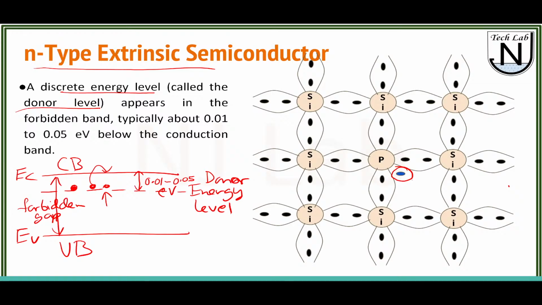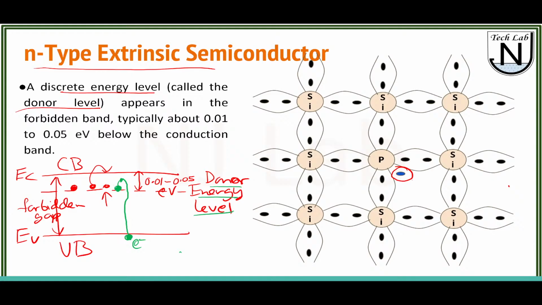And apart from that, not only these free electrons, suppose we have some electrons over here, right? And this electron gets some energy. Now if the electron jumps and is just able to reach this point, meaning it is not able to reach the conduction band but just able to cross this donor energy level, then while coming down, this electron will just be able to settle at this donor energy level.